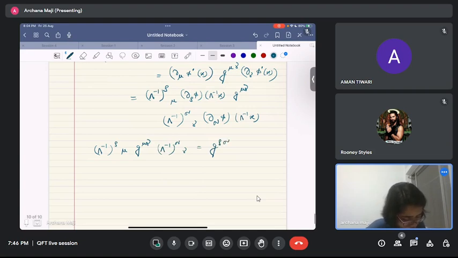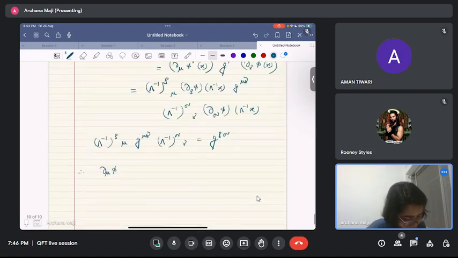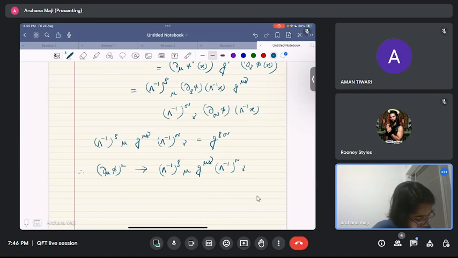Therefore del mu phi squared becomes, we can write these lambda matrices and the metric tensor, times del rho phi del sigma phi.